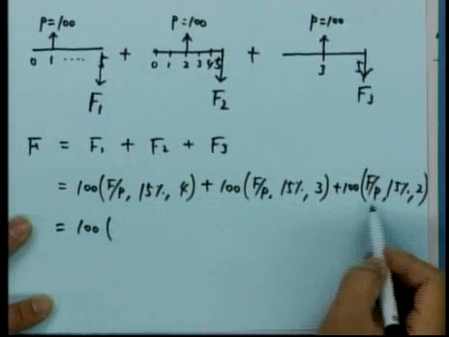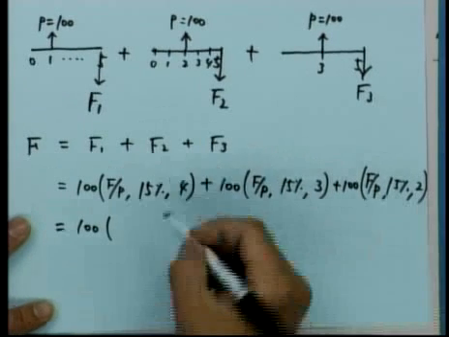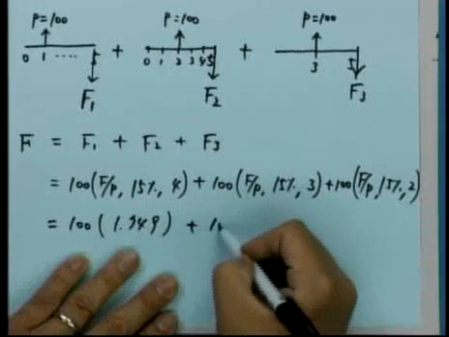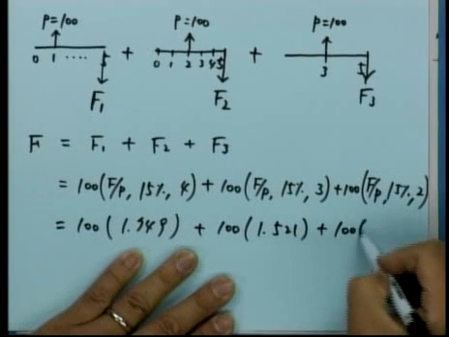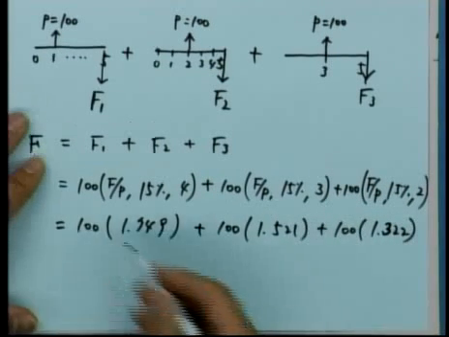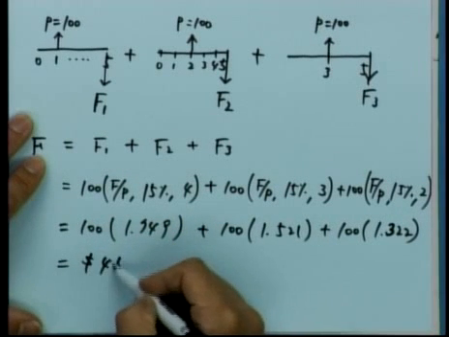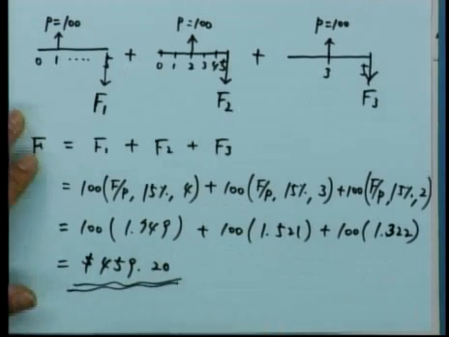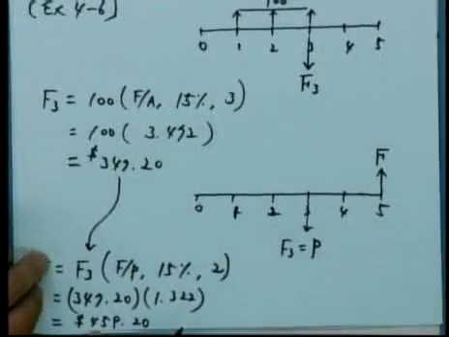And these factor values can be obtained from the compound interest table, Appendix C. They are 1.749 plus 100 times 1.521 plus 100 times 1.322. And as a result, you will get $559.20. And this result should be the same as the one from the previous method, right?